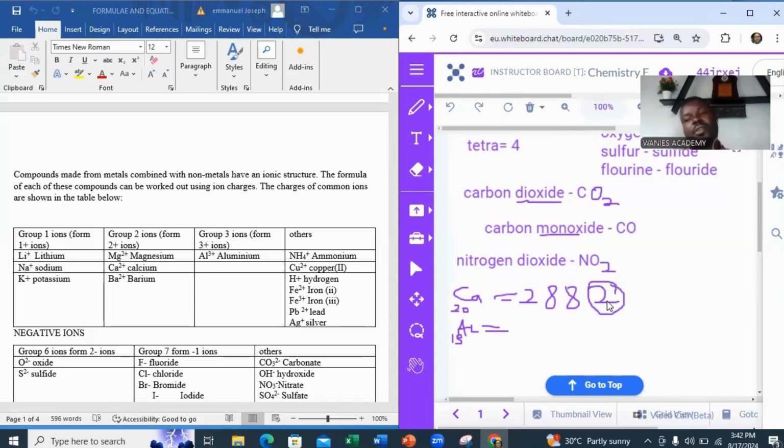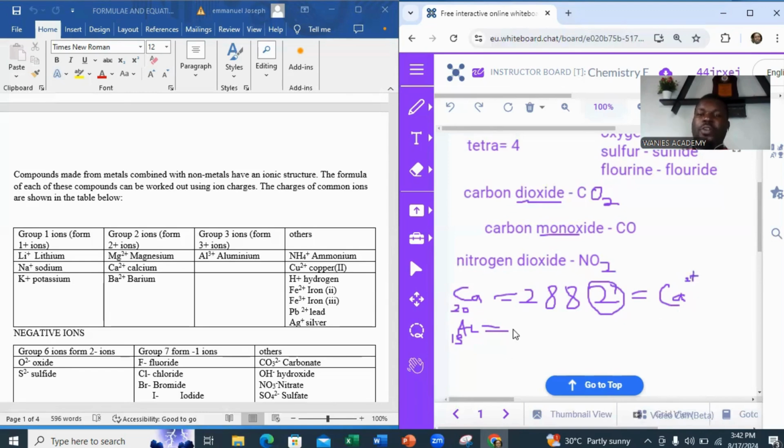Remember, metals generally lose electrons to achieve stability, while non-metals, on the other hand, gain electrons to achieve stability. So when it loses 2, it implies that your calcium becomes Ca2+. This is the charge of the calcium ion, okay? Ca2+.